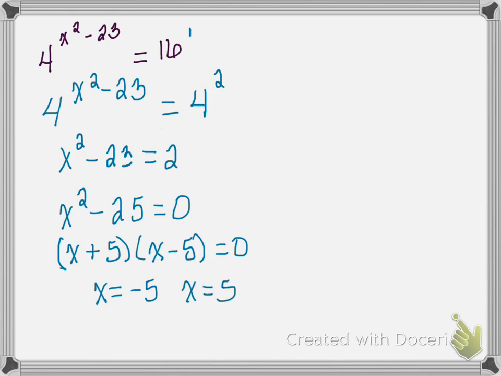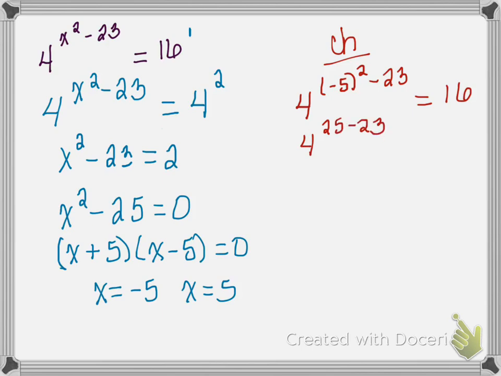You have to check. I have 4 and my negative 5 is being squared. What is negative 5 squared? 25. Students make mistakes right there, so be careful. 25 minus 23 is 2, so 4 squared is 16.